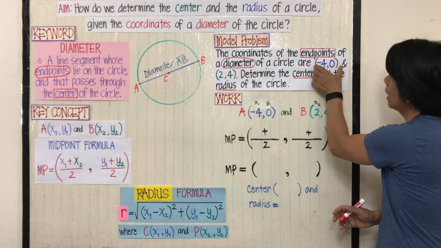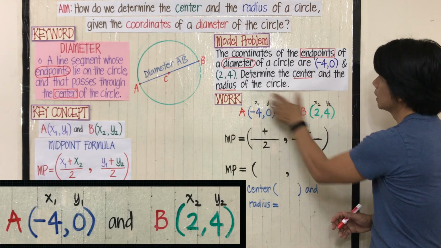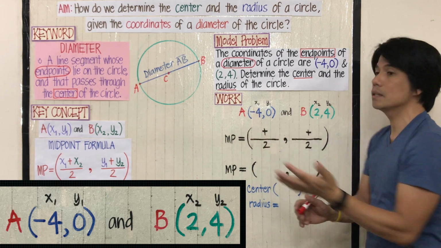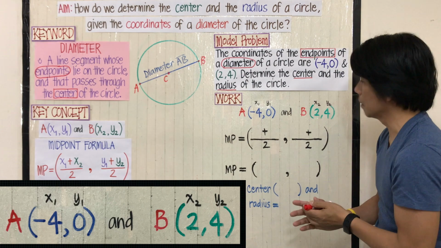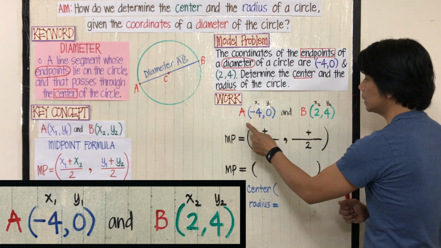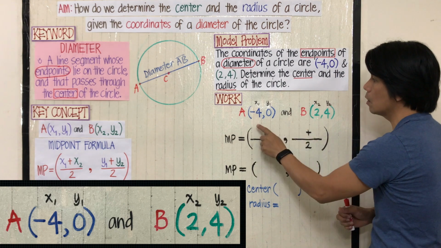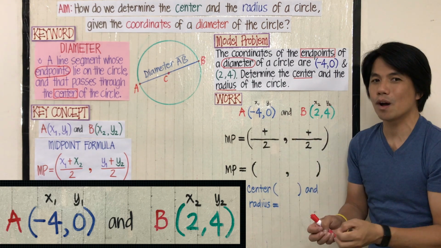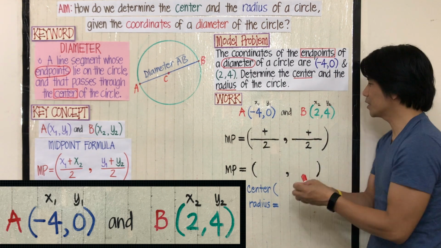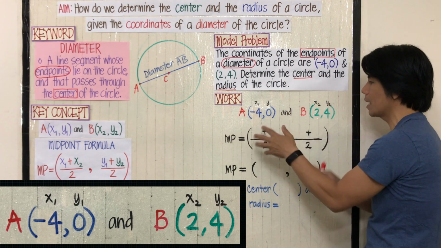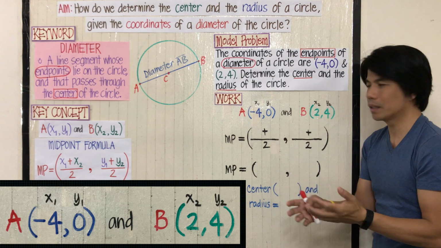Now notice that I copied the coordinates right here, A and B. By the way, you can use different letters, variables, it's up to you. Now, we are going to directly substitute them as long as we know which one is x sub 1 and y sub 1, x sub 2 and y sub 2. Notice I labeled them already so that I can easily show it to you.